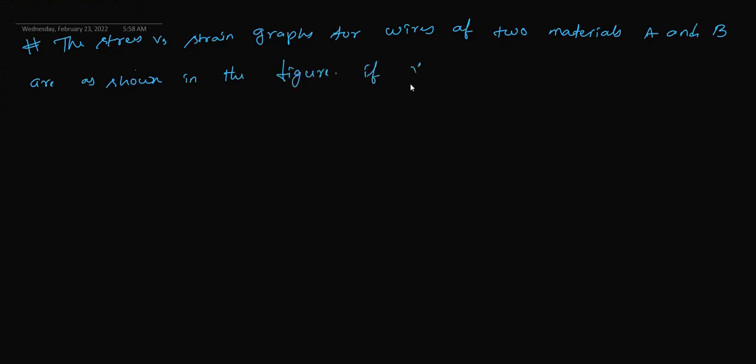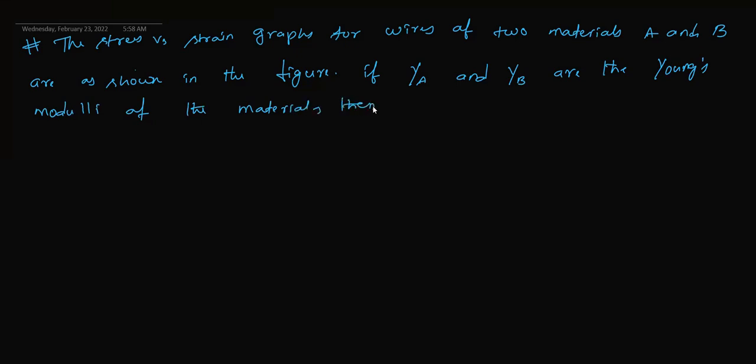If Young's modulus of A and Young's modulus of B are Ya and Yb, they mention here clearly, Young's moduli of the material.